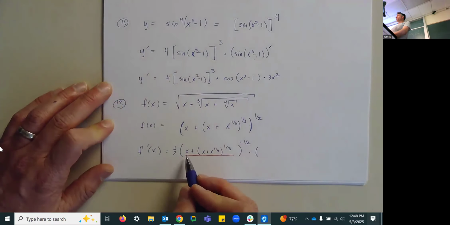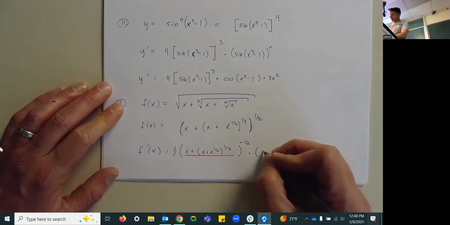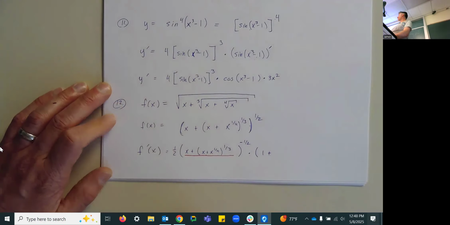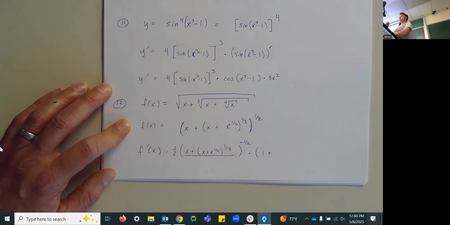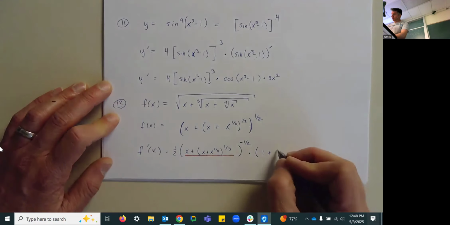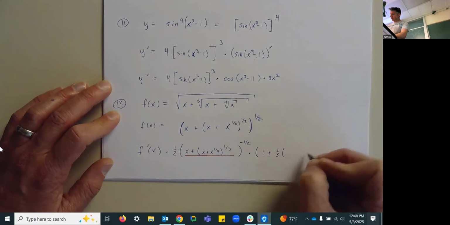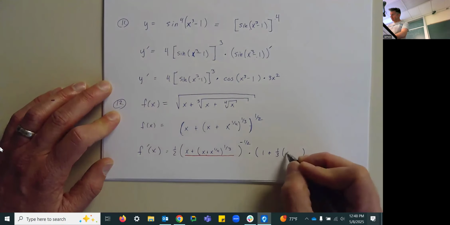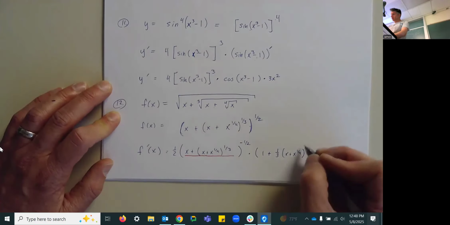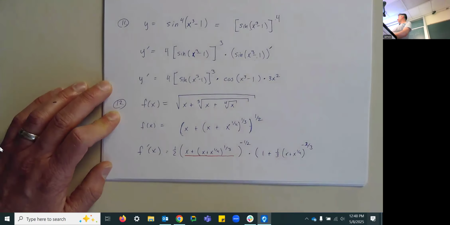The derivative of x is straightforward. It's 1. But the derivative of this stuff to the 1/3 power, again I have to use the chain rule. I have something to the 1/3, its derivative is going to be 1/3 times that something, which is x plus x to the 1/4, to the negative 2/3 power, because 1/3 minus 1 is negative 2/3.